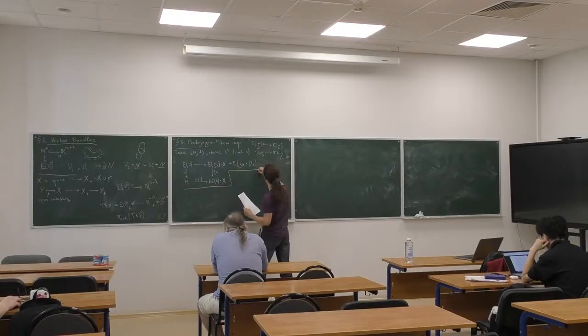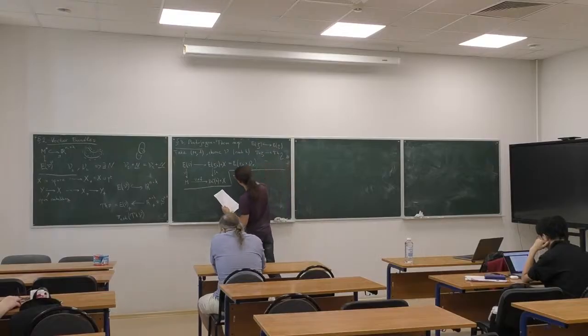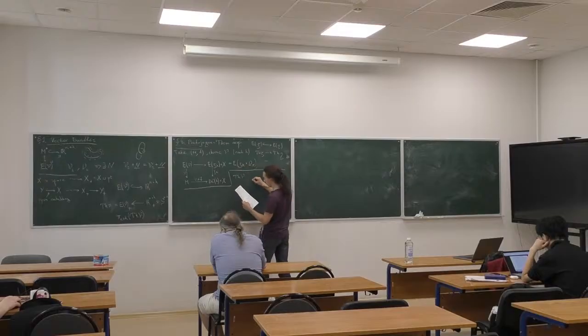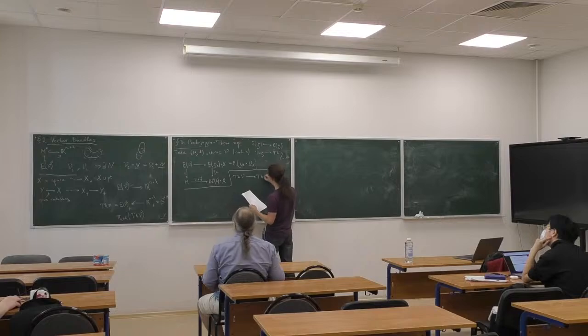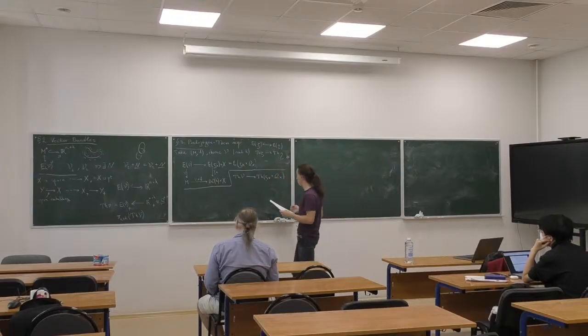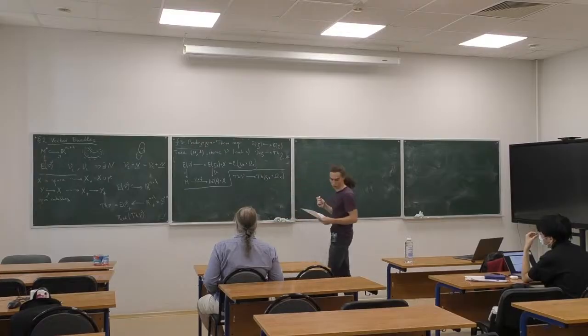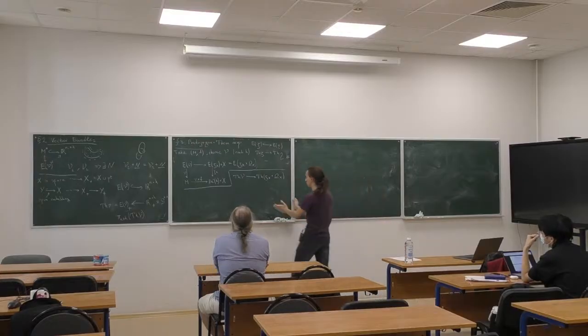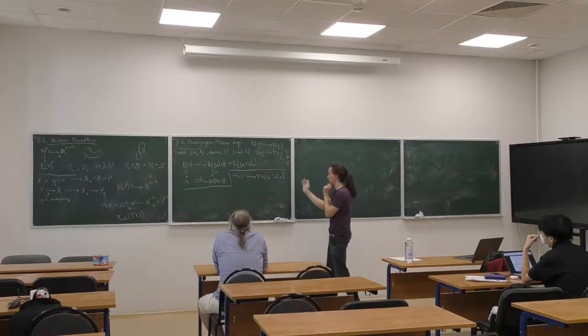and get the map from the Thom space of nu to the Thom space of xk times 0x. Okay, and now the last step. Let's look at what this space is.